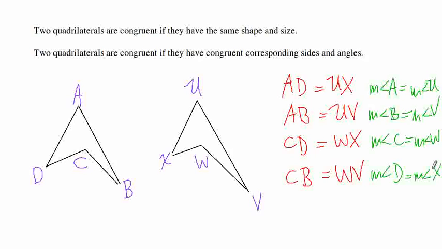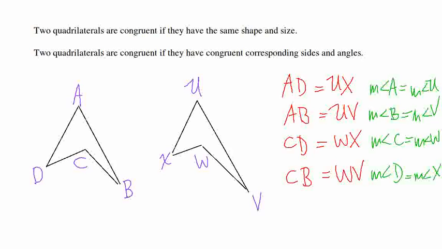Now, let me close by investigating the sums of the interior angles of quadrilaterals. You may know that the sums of the measures of the interior angles of a triangle add up to 180 always.